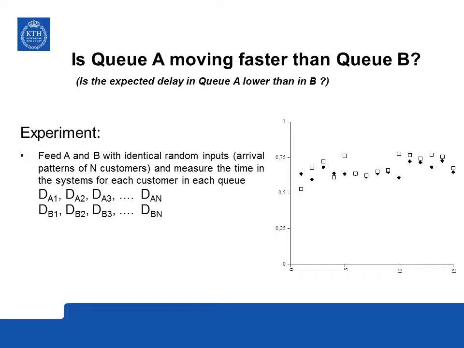We could estimate the average delays and compare them, and if the difference between the expected delays is large, we can probably decide that one of the queues is moving faster than the other. If the difference is small, we usually cannot make any statistically safe statement about the hypothesis.